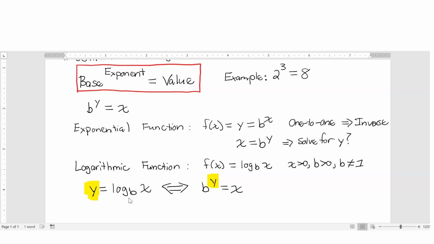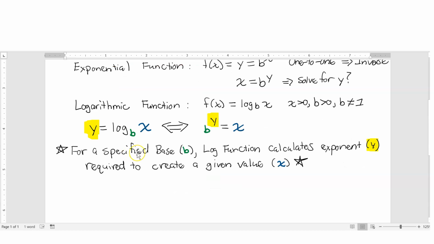So again, notice you have the base, you have the value, the logarithmic function returns the exponent that will join those two values. So this is the key relationship to understand when you start learning about logarithmic functions. For a specified base b, the logarithmic function calculates that exponent y to create a given numerical value x. And we can switch between two forms.